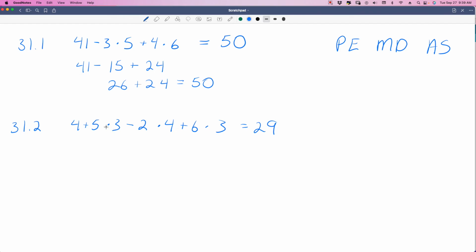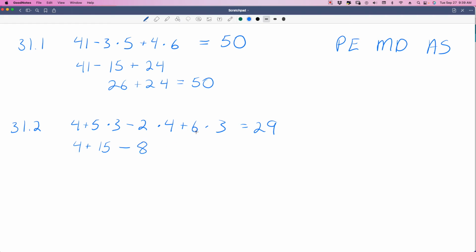Okay? So looking at 31.2, we do the same thing. So we have 4, and we have positive 5 times 3, so that's going to be plus 15. And then we have minus, we have 2 times 4. And it's a negative 2 and a positive 4, so it is going to be negative, and that's going to be a negative 8.